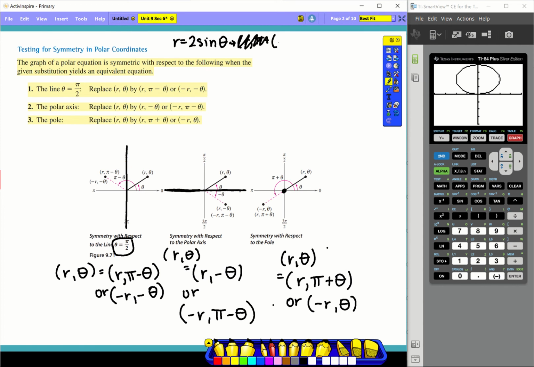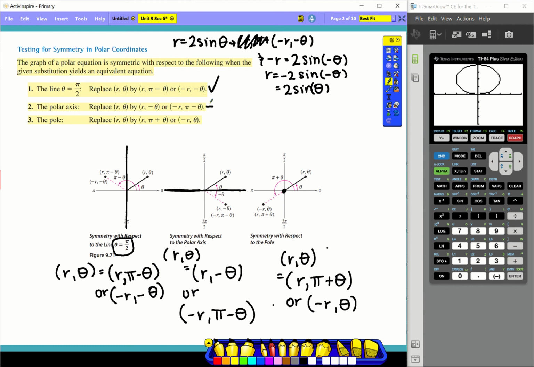Actually, we'll use this one. Negative r, negative theta. So we have negative r, gets replaced with r, 2 sine negative theta. So then r equals negative 2 sine negative theta, and we know that sine negative theta is just equal to negative sine theta. So that just becomes 2 sine theta. So it is symmetric with respect to this axis.